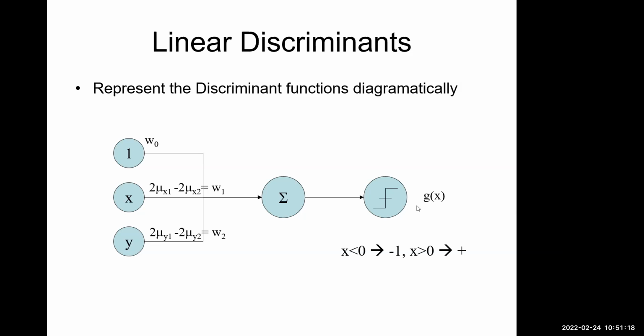If the input to the comparator is negative, the output of the comparator will be -1. If the input is greater than 0, then the output will be positive 1. If it is 0, usually we put an equals there and say greater than or equal.